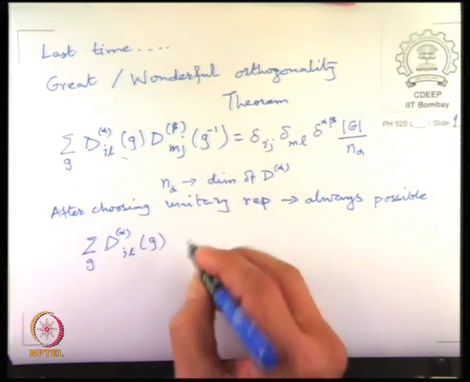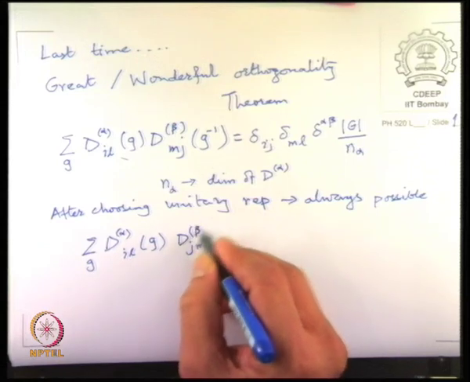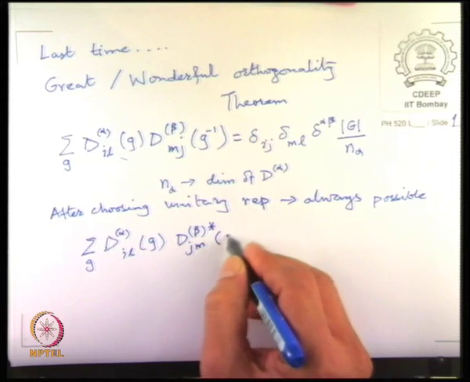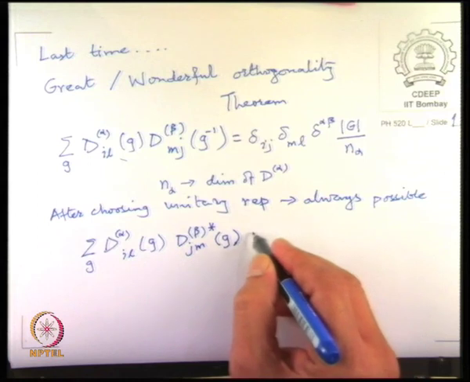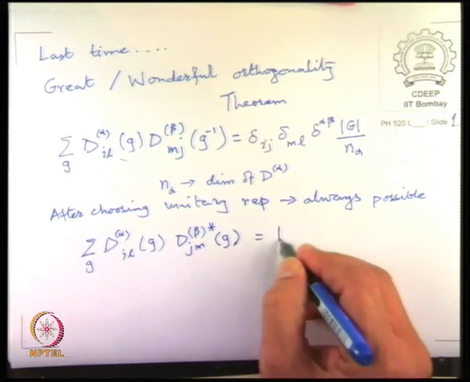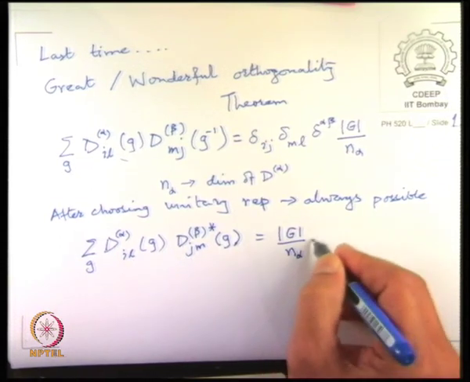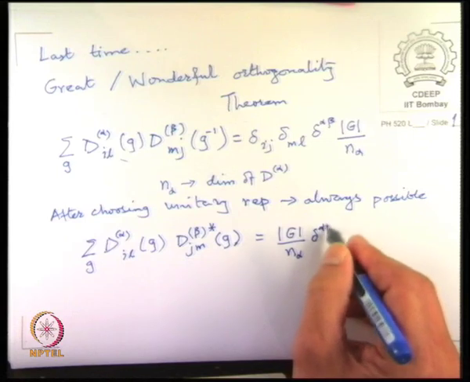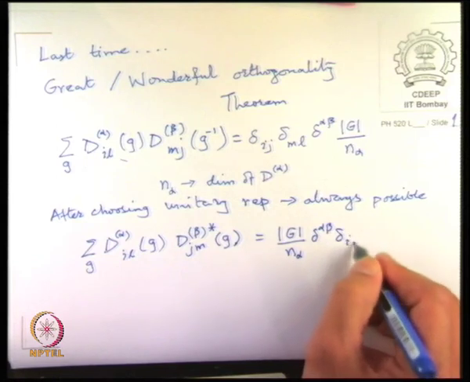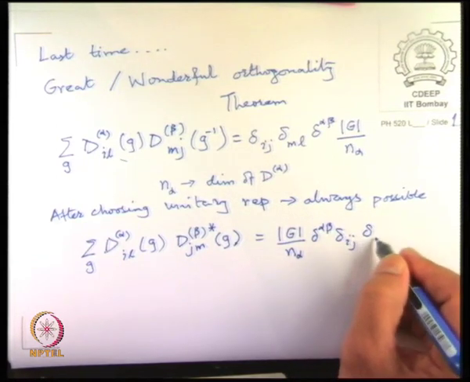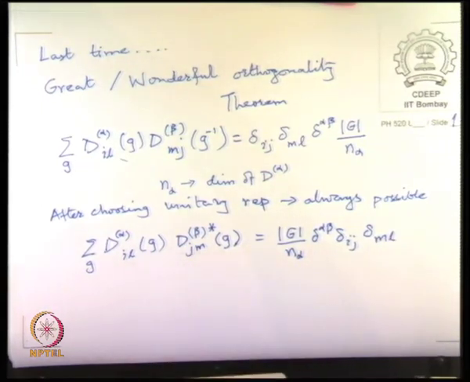So D jm beta star of G now. So that is equal to these things. We bring forward the order of G, the size of the representation, and delta alpha beta, of course, so we can just put either alpha or beta there, it doesn't matter, and then delta Ij delta Ml. Still it is tied across, but this is what it is.